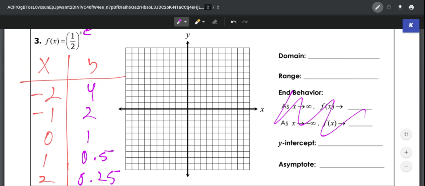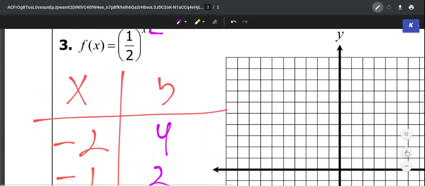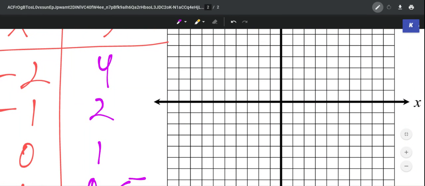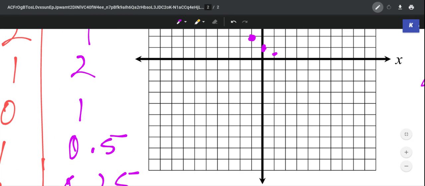So we're going to graph those. So we need a point at -2, 4. So that would be -1, 2, up to 1, 2, 3, 4. That would be right about here. -1, 2 would be right here. 0, 1 is going to be here. 1, and then 0.5 is going to be, try to get it right in between 0 and 1 on the y-axis.